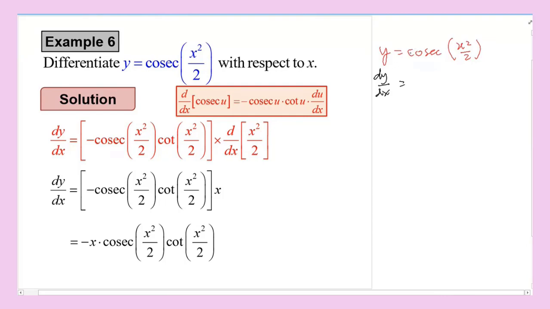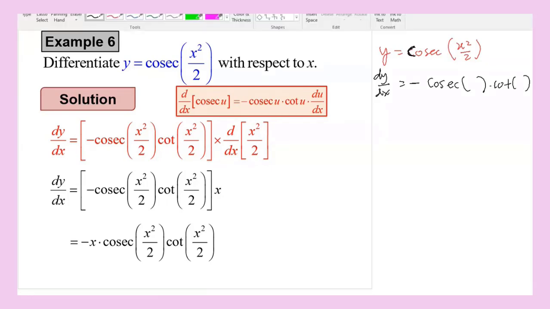This one first, outermost is cosecant, which gives negative cosecant cotangent.